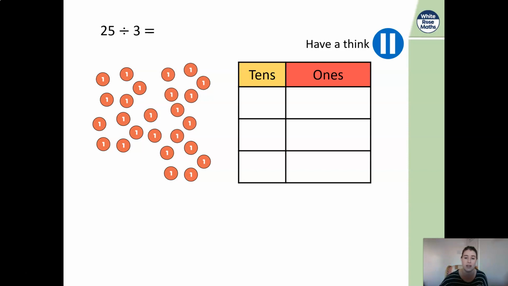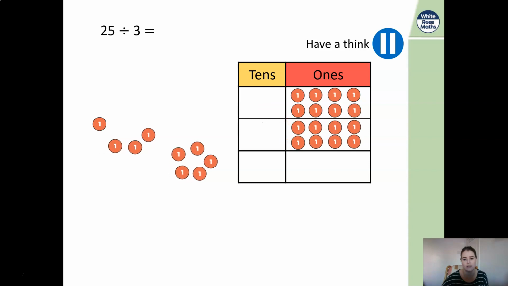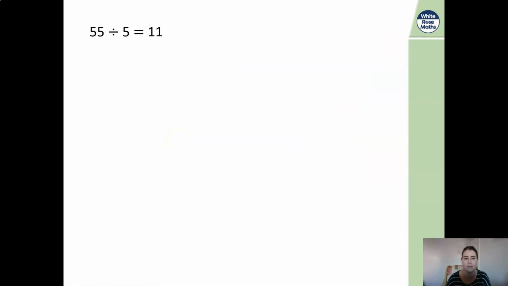So there's 1 8, 2 8s, and 3 8s, so altogether I've got 24. But to get from 24 to 25, I have an additional 1. So my 1 becomes my remainder. My answer for each row here is 8 remainder 1. Well done if you got that correct.